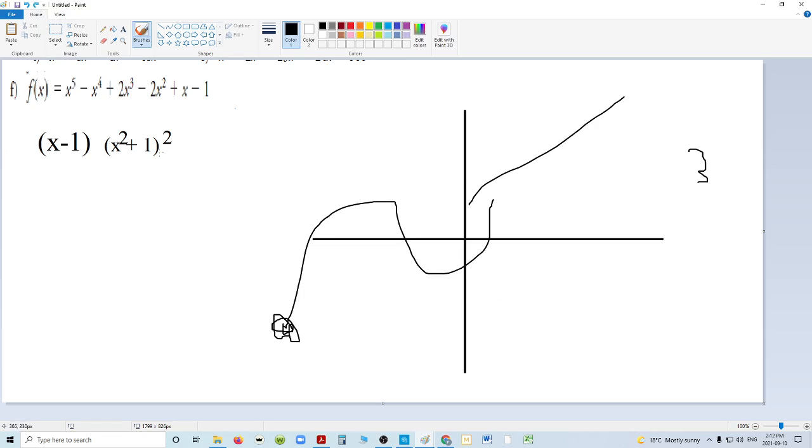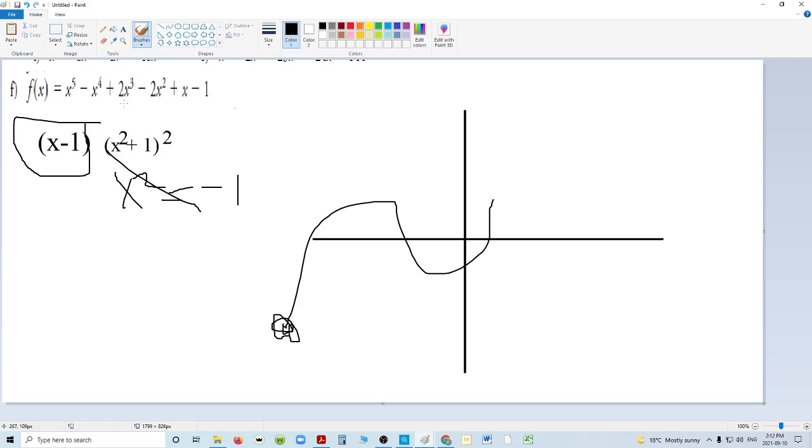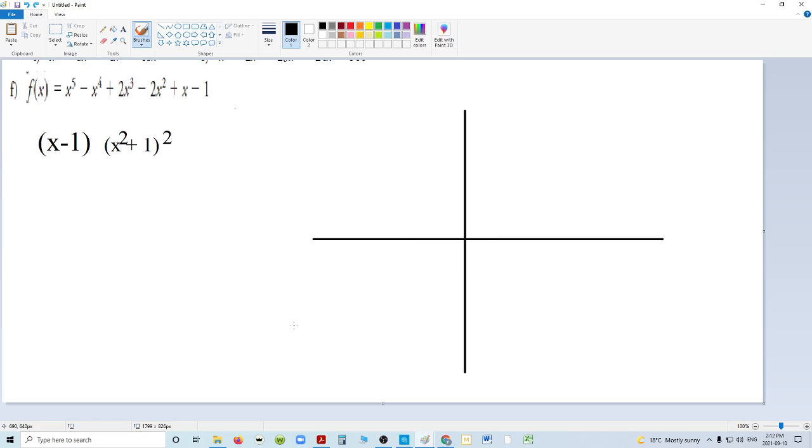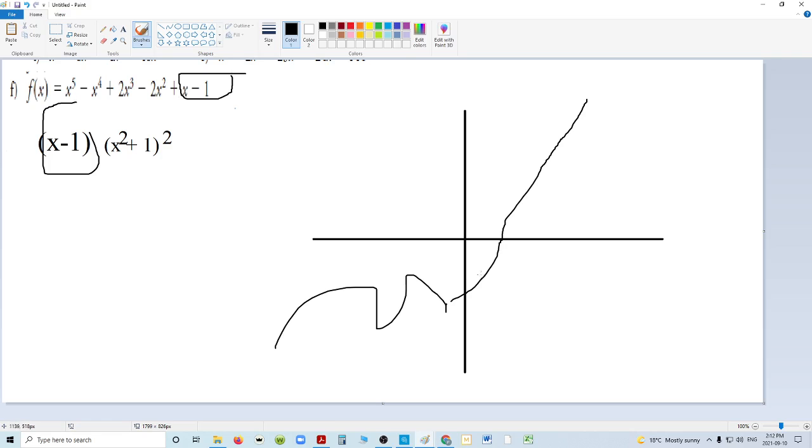But in this case, for this to be equal to 0, x squared must be equal to minus 1 to create a 0 in this bracket, which can't happen, which means it only crosses the x-axis once, and yes, all odd exponents must cross the x-axis at least once, which means it wiggles down here and crosses at (1, 0) and goes on, and also notice it has a y-intercept of (0, minus 1).